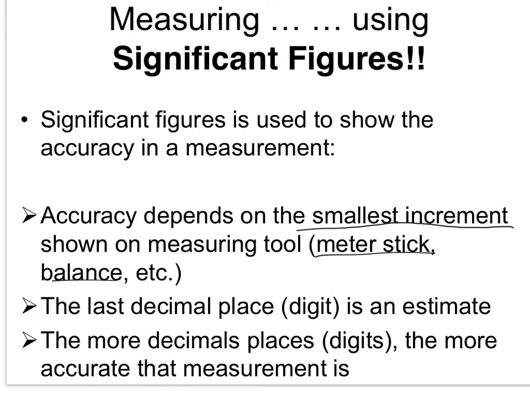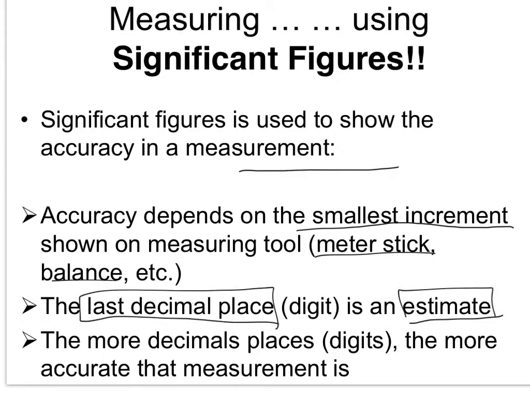The last decimal place or digit for a number is considered to be an estimate. And this all probably seems a little confusing right now. It'll make more sense as we go through the slides. The more decimal places or digits, the more accurate of a measurement it is. For example, if I draw this line here, well, if I use one tool, and the last place, like we said, the last decimal place is considered to be an estimate.